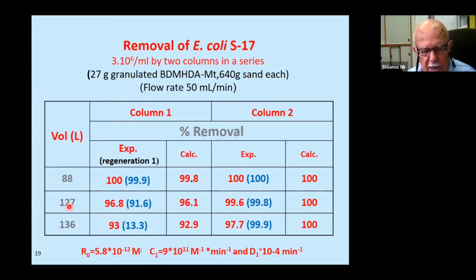And similarly, after 127, now it is a reduction in percent, and the calculated values agree with it, and this is for the second filtering series.